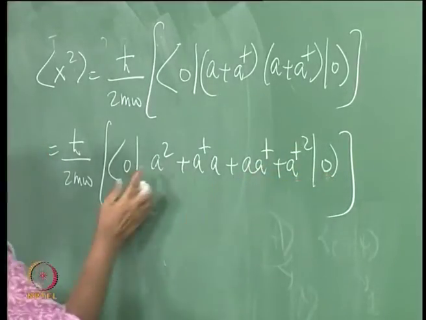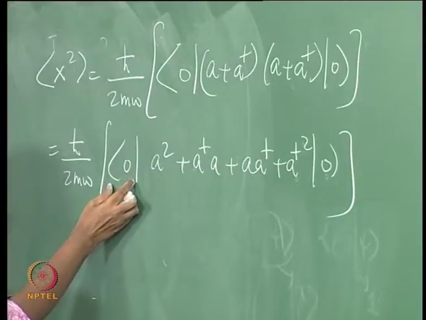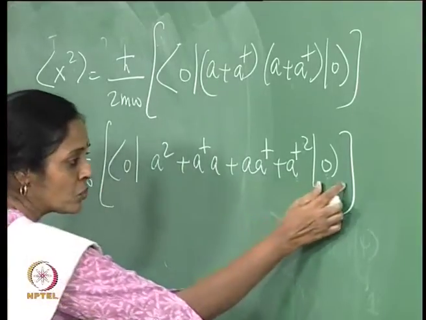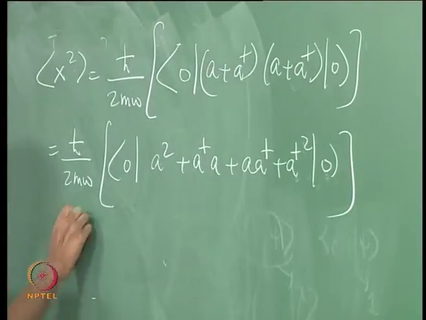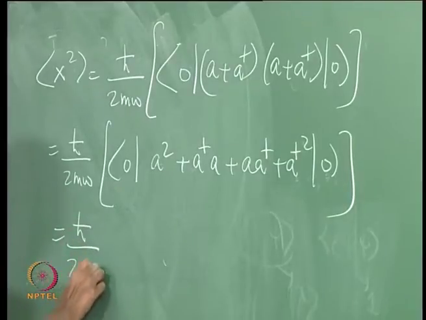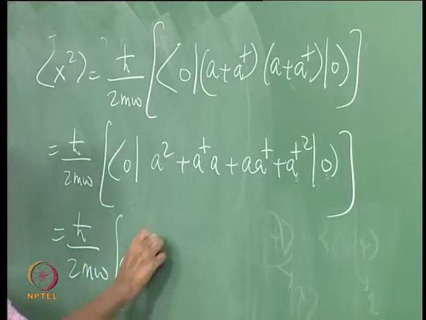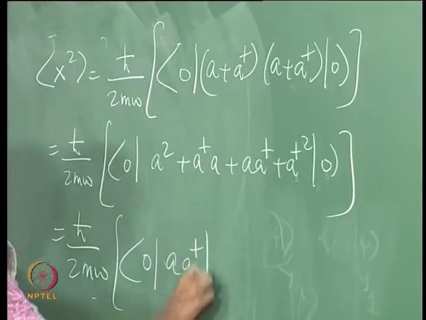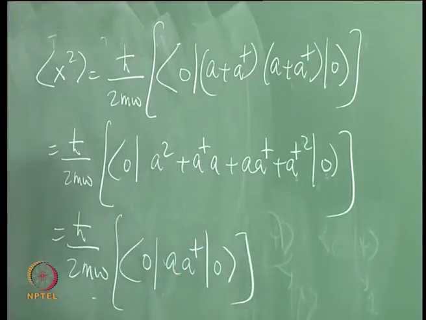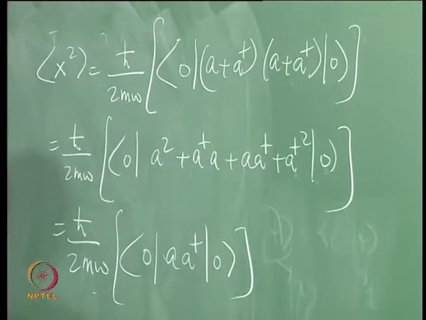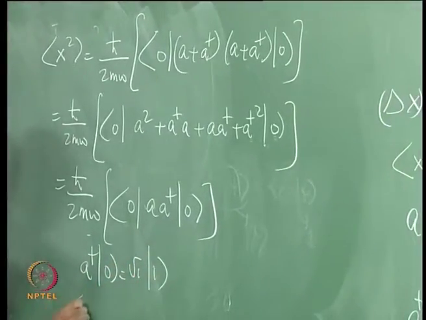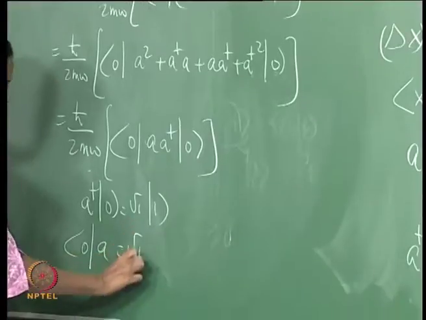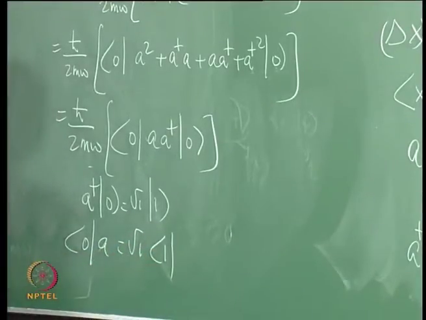So, you need to find the inner product of bra 0 with ket 2, and that is 0 because ket 2 is orthogonal to ket 0. The only term that contributes is out here, a a dagger. Now, a dagger on ket 0 is root 1 ket 1, its Hermitian conjugate is root 1 bra 1.